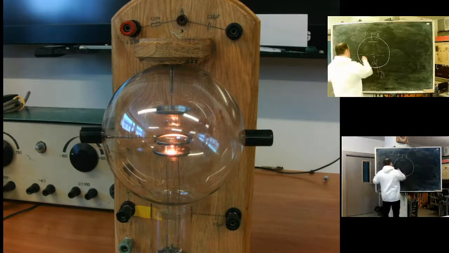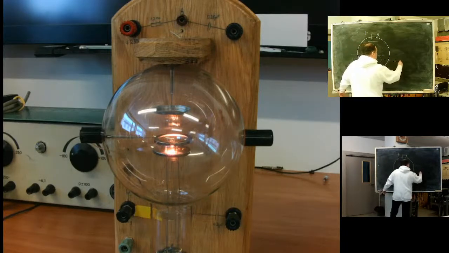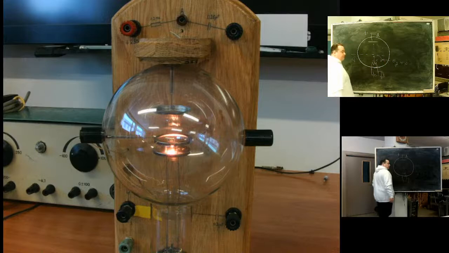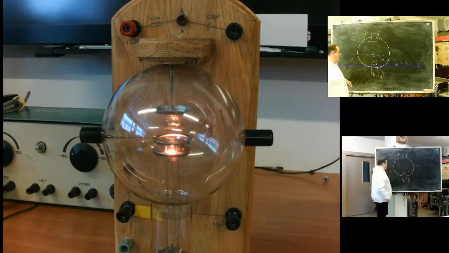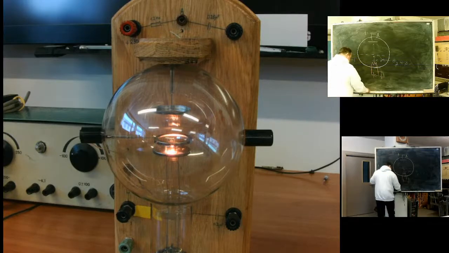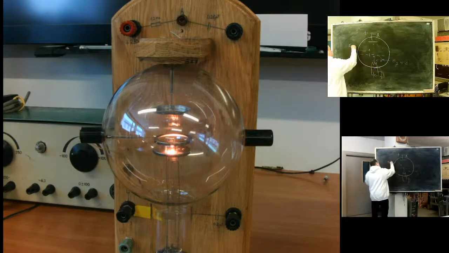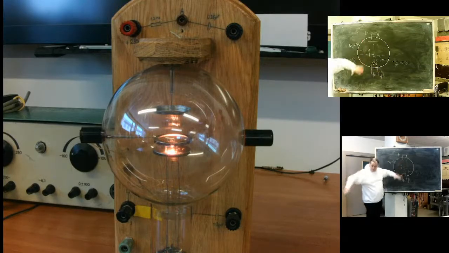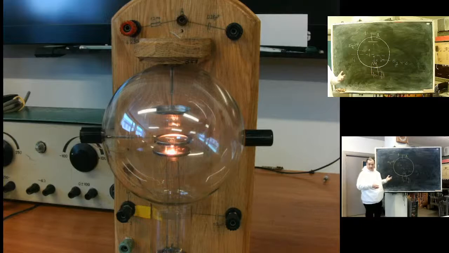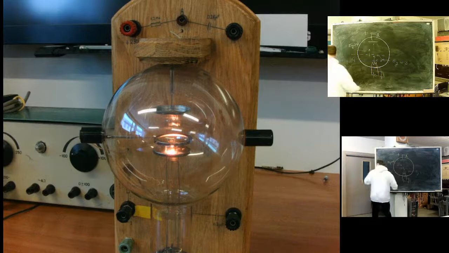If it has negative charge, it will deflect our electrons back to the cathode. If it has positive charge, it will drag electrons up, so let's say boost them. They will have acceleration on their way.